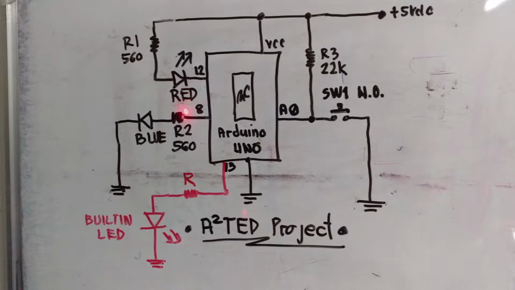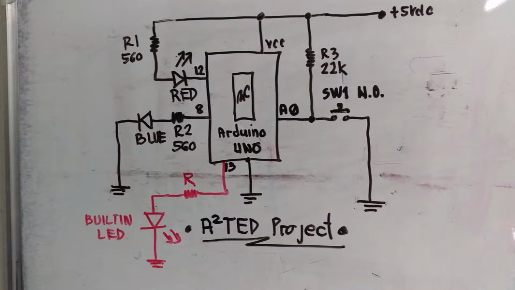The red LED and the blue LED will initially be off. They will turn on when I depress SW1. That means when I press SW1, the red LED and the blue LED will turn on. When I press SW1 once again, the red LED and the blue LED will turn off.